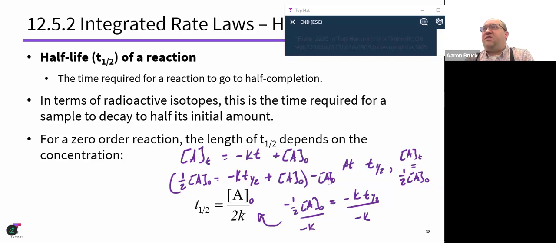And so for zero order reactions, the half-life ultimately depends on how fast the reaction goes in general, but also how much starting material you have. The more starting material you have, the longer the half-life is going to be.